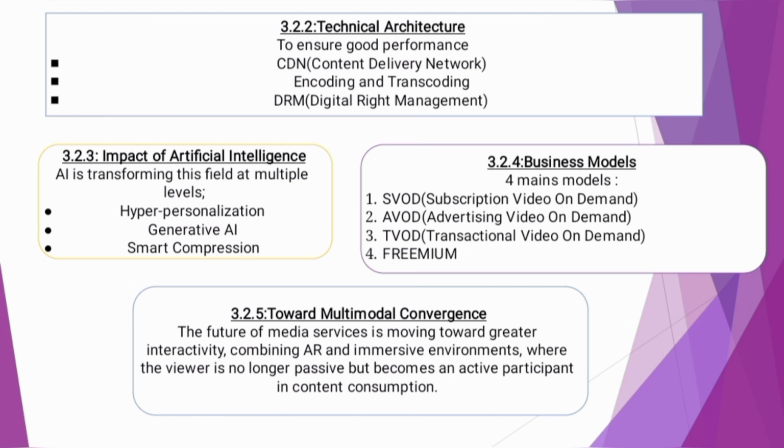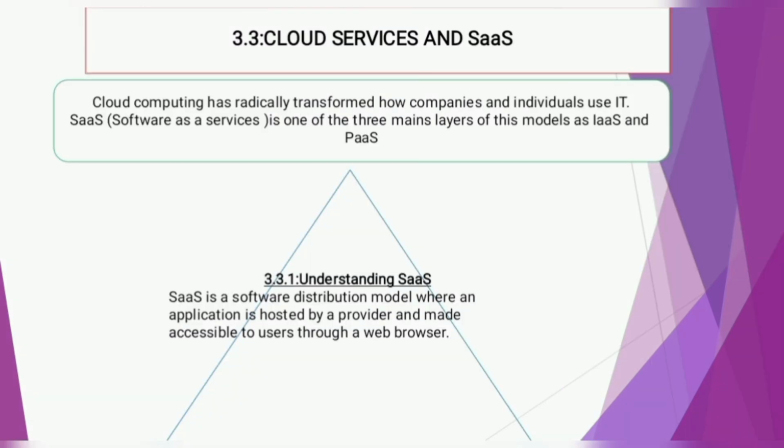We have generative artificial intelligence, that is automated creation. We also have business models, and there are four models: subscription video on demand, advertising video on demand, transactional video on demand, and freemium.